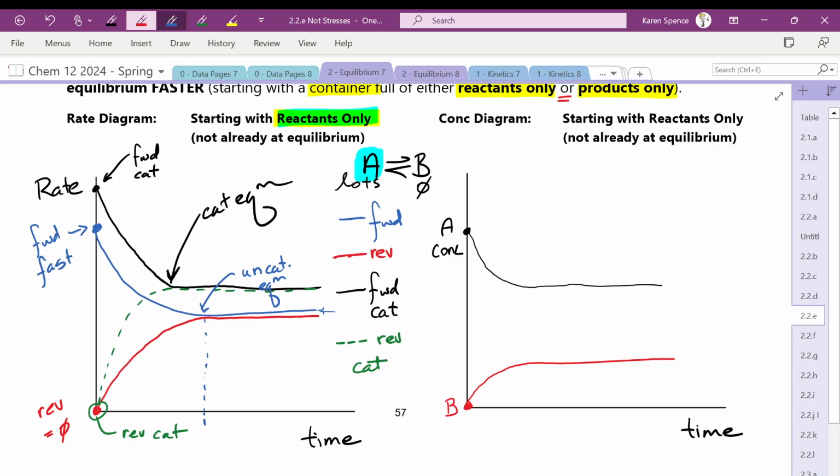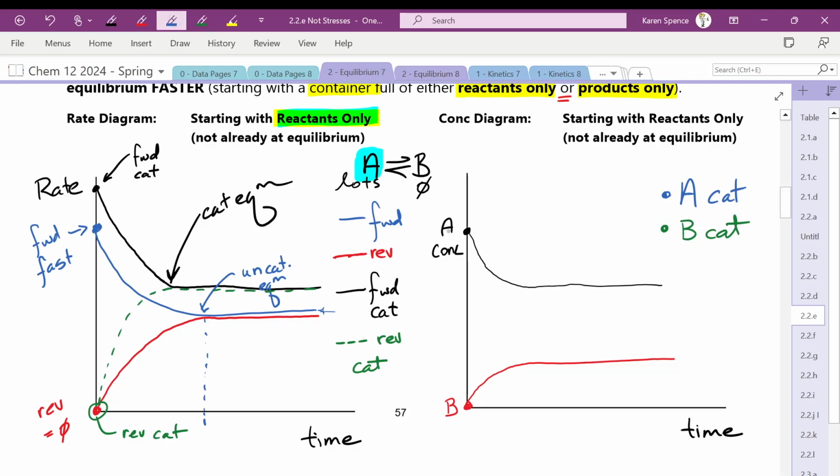Now, what if we now have A catalyzed and B in the catalyzed reaction? Where would A start? Different place or same place?